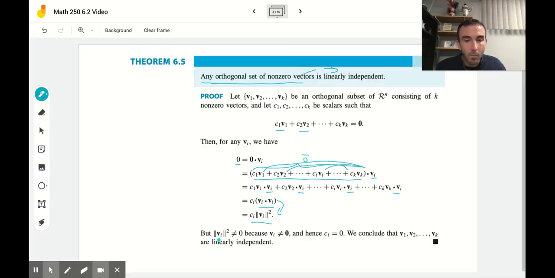So we can assume that the norm squared is not 0 because the vector itself isn't 0. So if the vector isn't 0, then it must be that the coefficient is 0. So that means, based on our definition of linear independence, if we have those 0 coefficients, then the set is linearly independent. So just a good proof to wrap your head around.